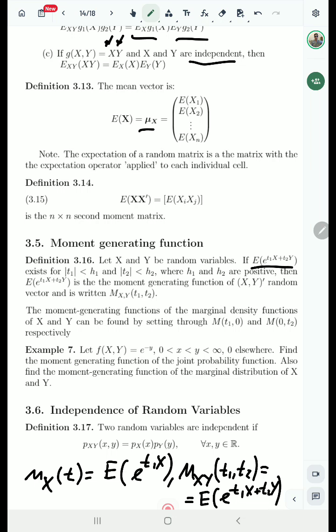Okay, now let's apply this property. Let's look at example 7. Let me copy that. Okay.